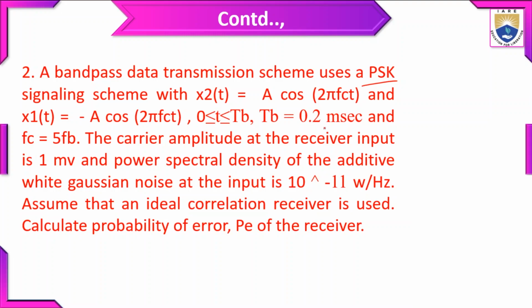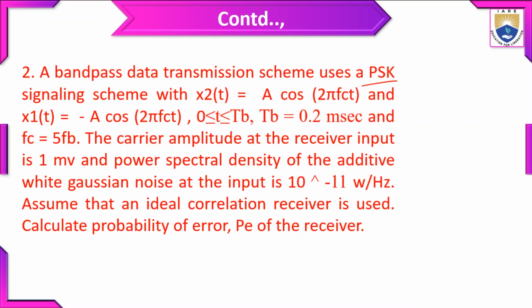Bit duration is 0.2 milliseconds, and fc, the carrier frequency, is equal to 5 fb. The carrier amplitude at the receiver input is 1 millivolt, and the power spectral density of the additive white Gaussian noise at the input is 10 power minus 11 watts per hertz. So the N0 is given. The N0 is 10 power minus 11 watts per hertz.